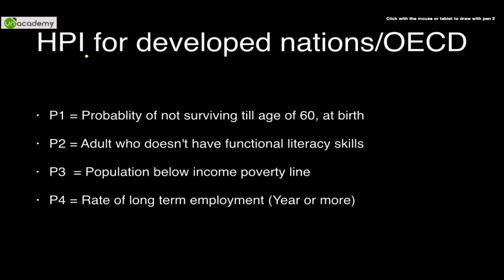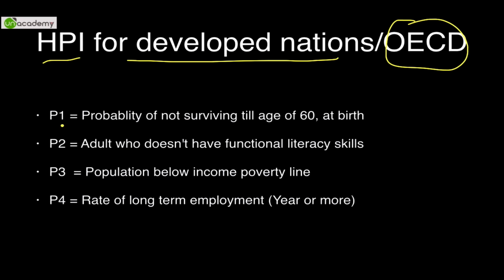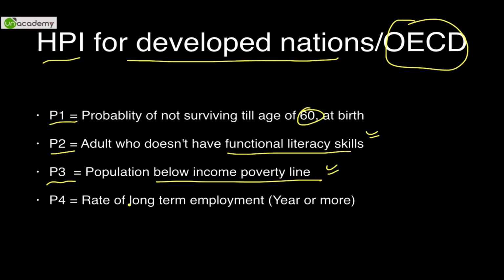Now HPI for developed nations or OECD is calculated in the form of this. P1 is the probability of not surviving till 60, as I told you. P2 is the share not having functional literacy skills. P3 is the population below the income poverty line, and P4 is the rate of long-term unemployment, which is one year or more.